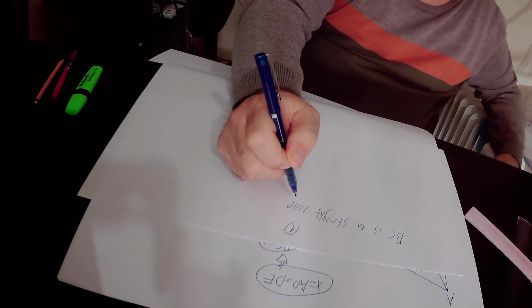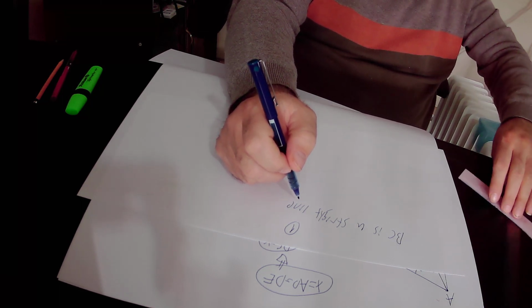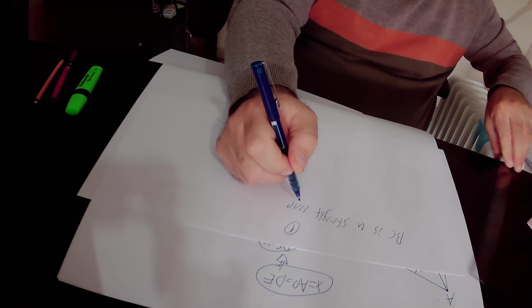Because it is one side of triangle ABC, it must be a straight line.